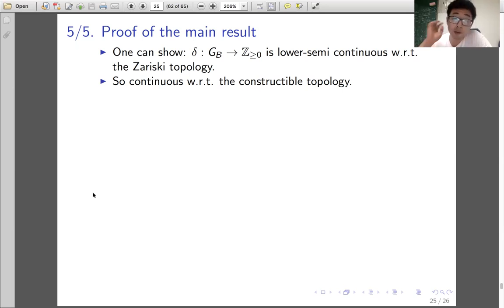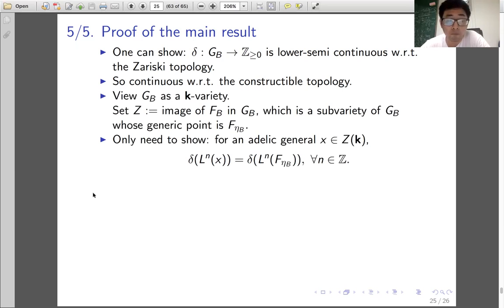Okay, the constructible topology is the topology on G_B generated by all constructible subsets. Now we view G_B as a K-variety, so not a B-scheme, but a K-variety.